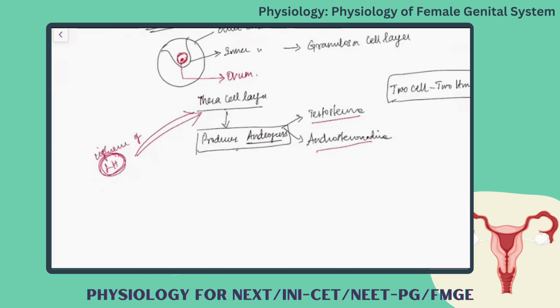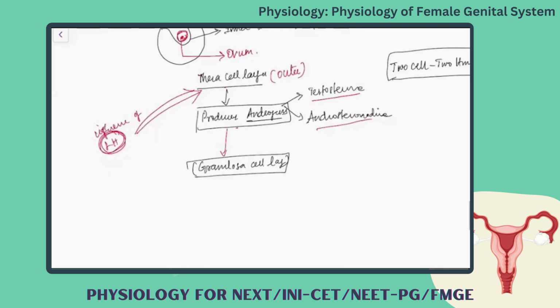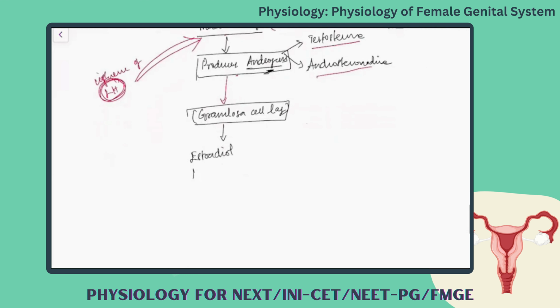Now the theca cell layer is the outer layer, and now these androgens enter into the inner cell layer called as granulosa cell layer, and this granulosa cell layer will convert the androgens into estradiol and estrogen.